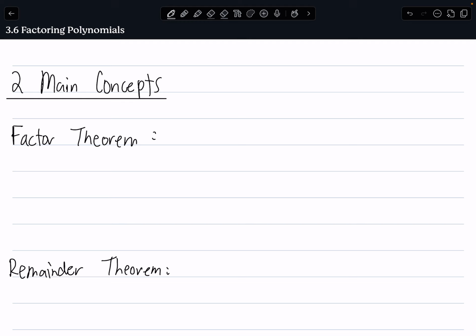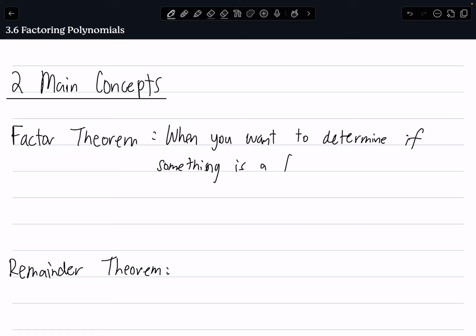Factor theorem is used when you want to determine if something is a factor. I'm going to highlight this key word: if something is a factor, then you would use factor theorem.